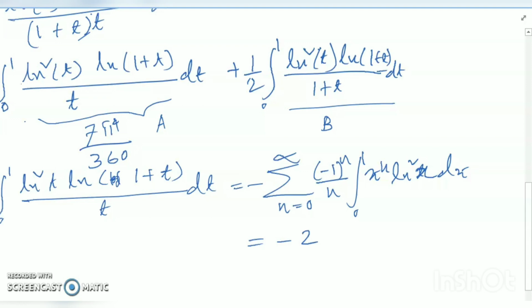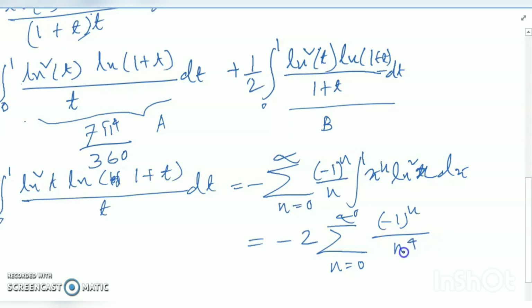So friends, summation n equals 0 to infinity of minus 1 to the power n divided by n to the power 4.